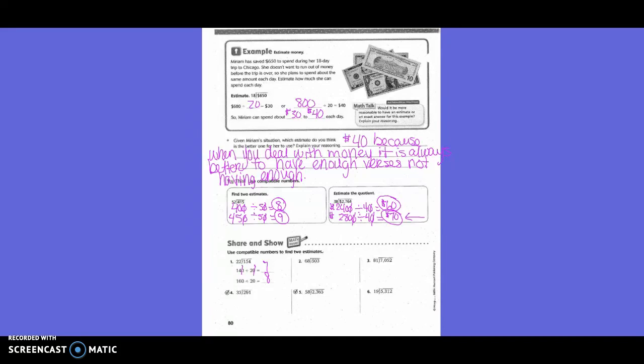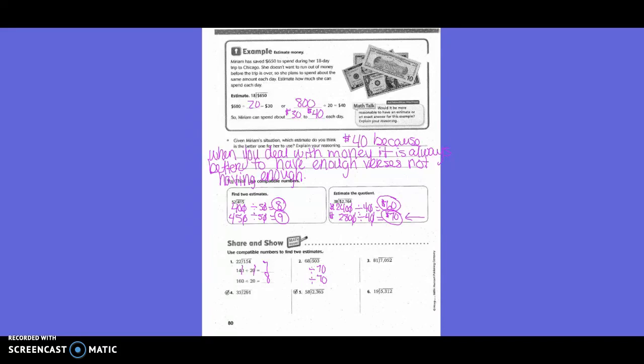Alright, the next one. What would we round 68 to? 70. So I'm going to put 70. What is the multiple of 7 that gets you close to 50 without going over for our low estimate? A multiple of 7. 50 is not a multiple of 7. I want something lower. Multiples, guys. 7, 14, 21, 28, 35, 42, 49.